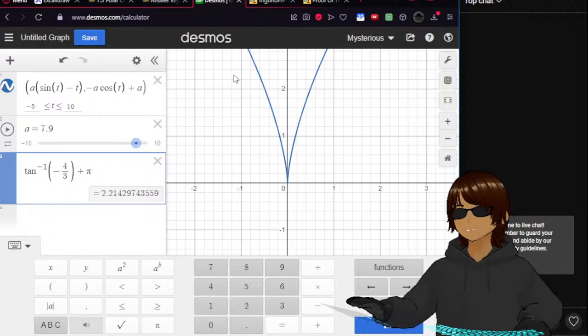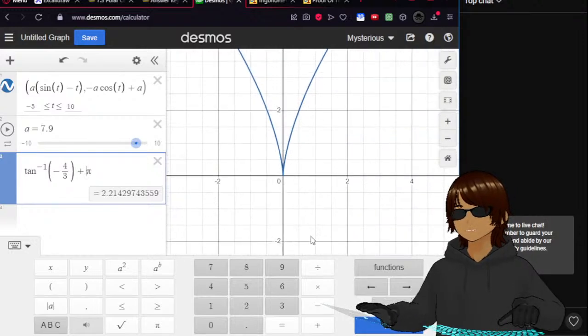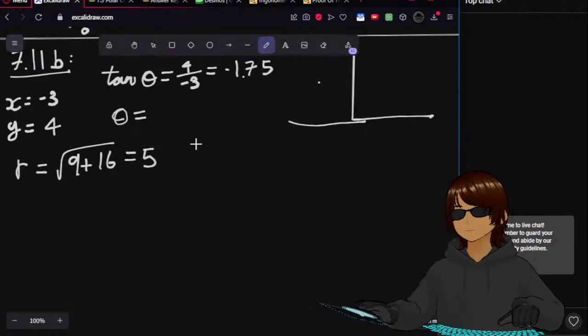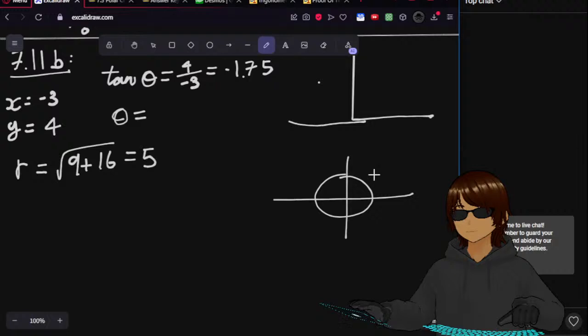Okay, yeah, I understand. Because in a circle, tan is defined from here. So like pi to 0 to pi over 2, and then 0 to minus pi over 2.